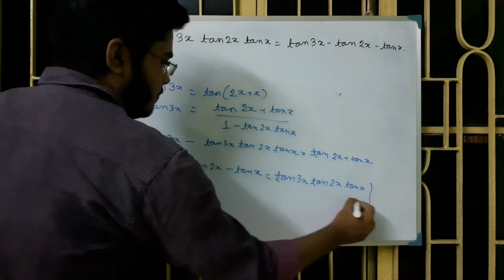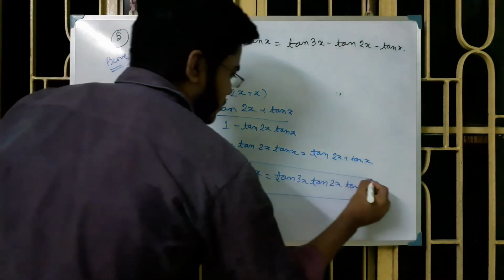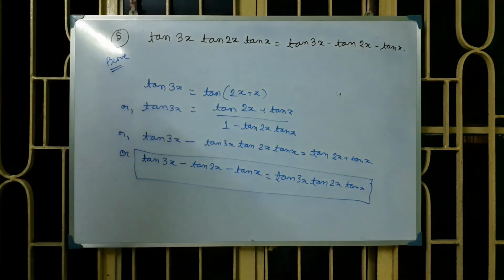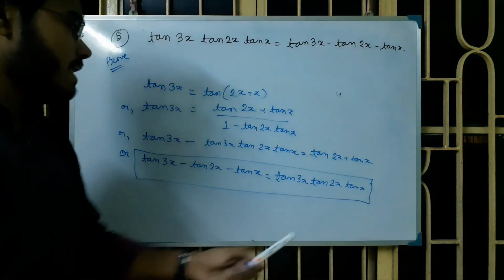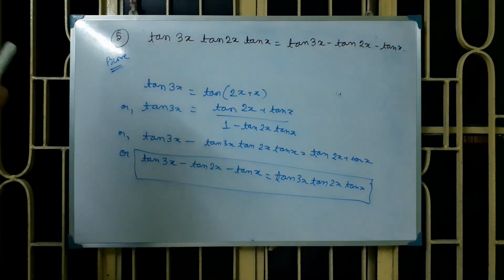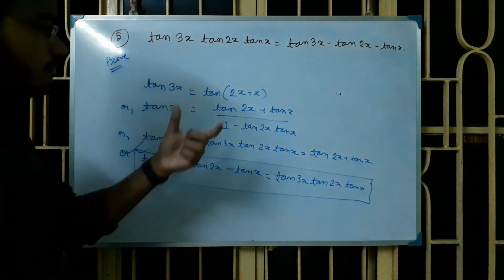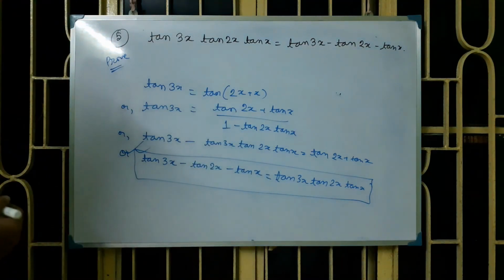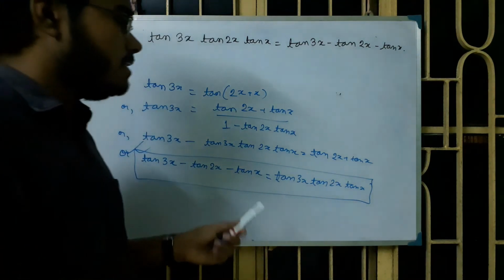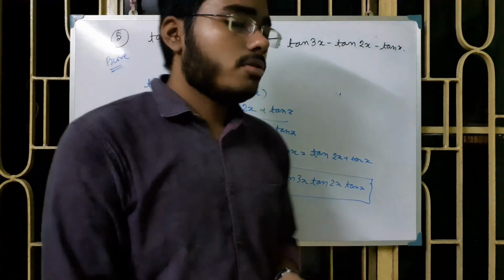This is a very significant result: tan 3x tan 2x tan x equals tan 3x minus tan 2x minus tan x. Just use the formula of tan a plus b and cross multiply. That's all about this video.